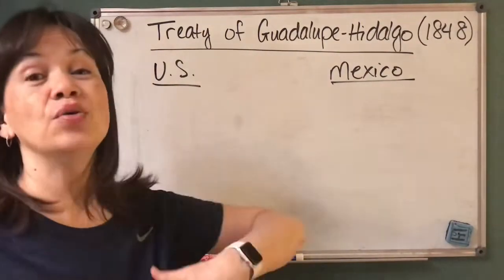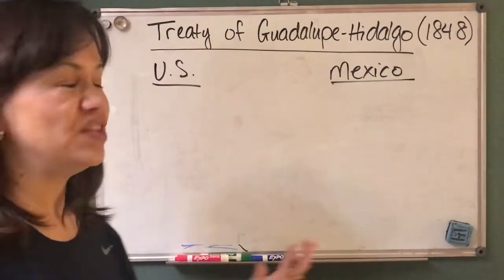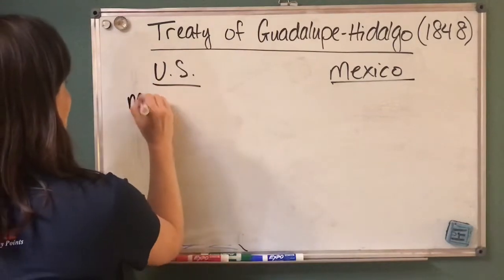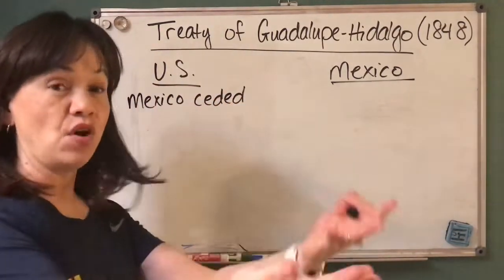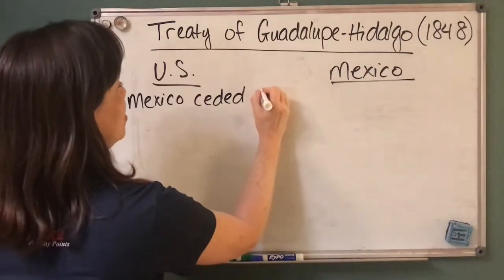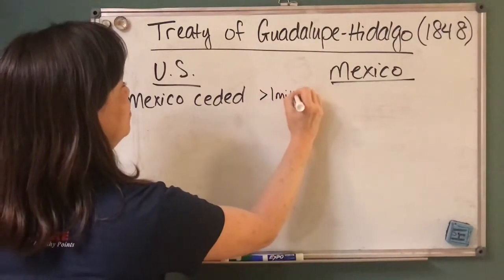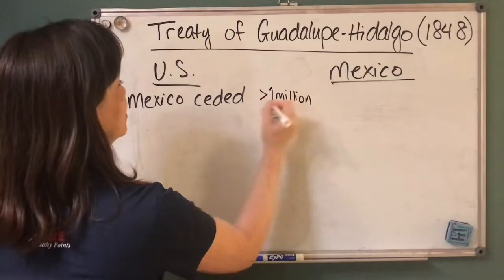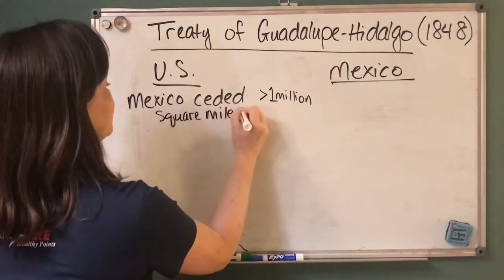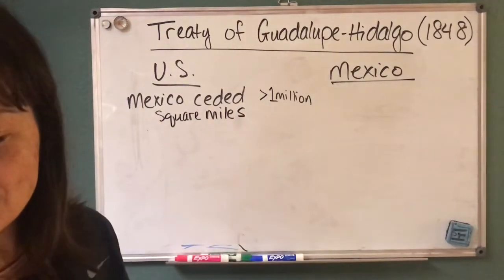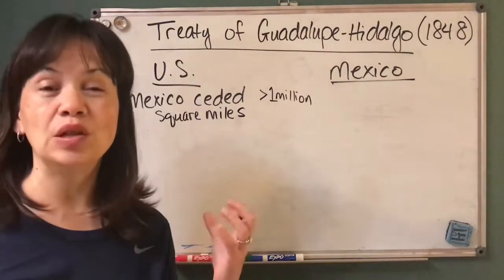So Mexico ceded, or gave over, more than 1 million square miles of its land to the United States. And this was larger than the Louisiana Purchase.